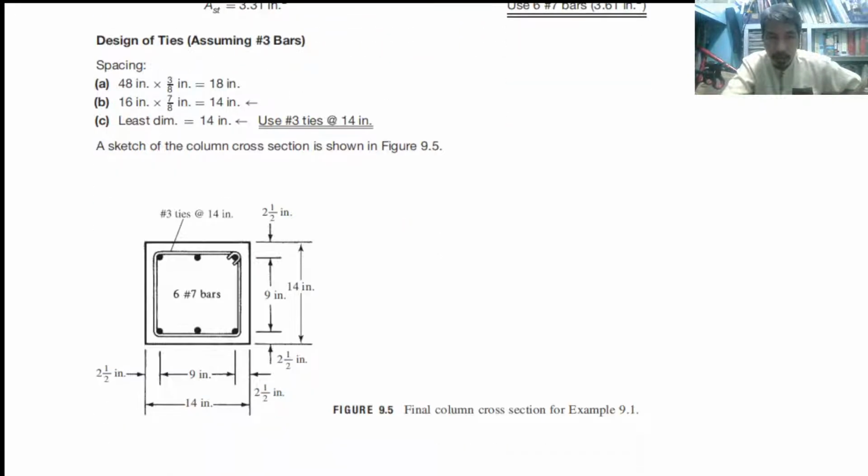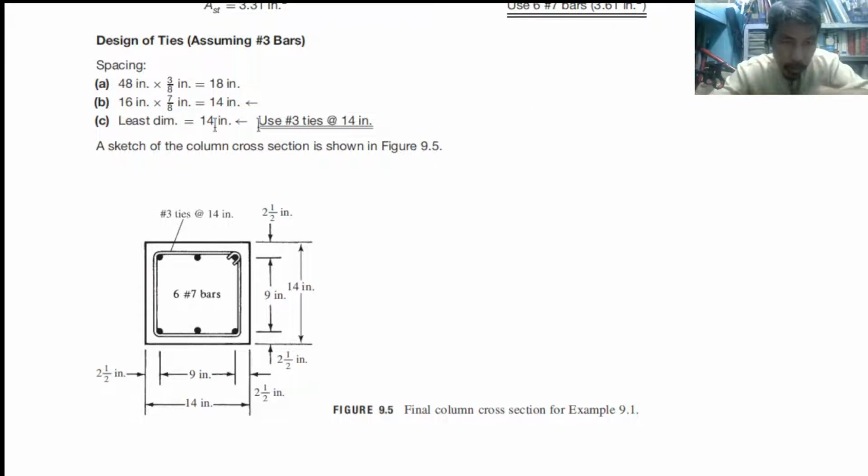Now, design the ties. How to design the ties? There are 3 ways about the spacing of the ties. Okay, so it could be this one, this one, this one. So 48 times, and the least dimension is 14.